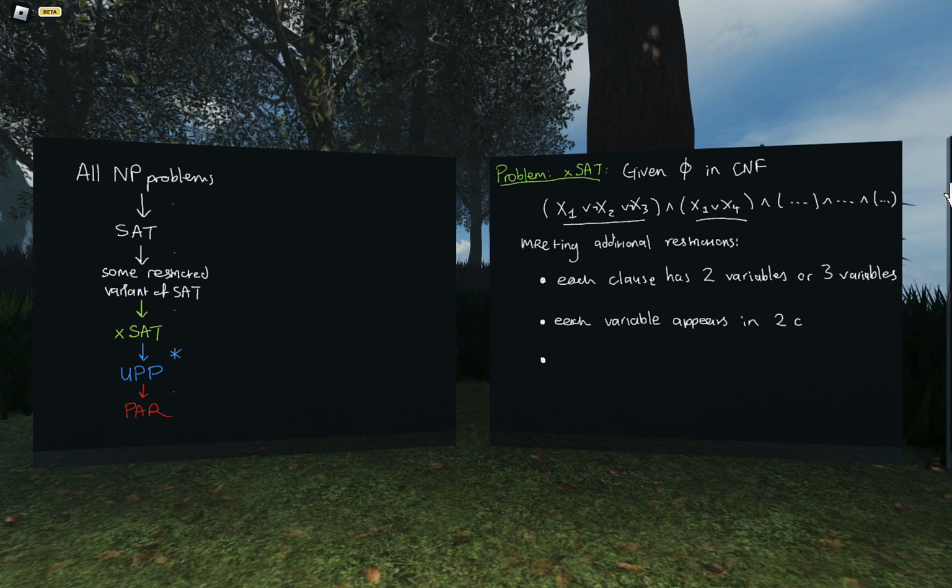In 2 clauses or in 3 clauses. And again, no more, no less. In addition to that, at least one of the occurrences of the variable is negative, so is negated.